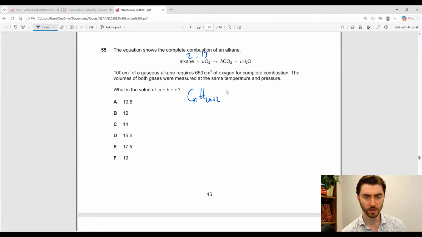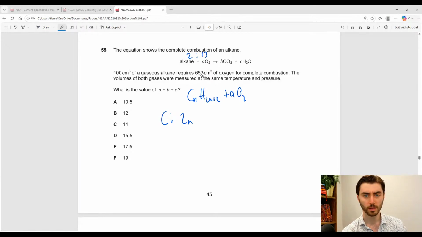I did this before. Okay, so what we know is, let's do the carbons. So from the carbons, there's 2n carbons on the left. No. A is 6.5, full stop the end.